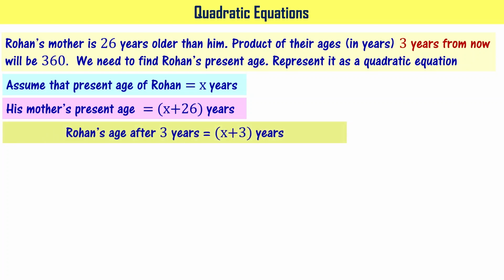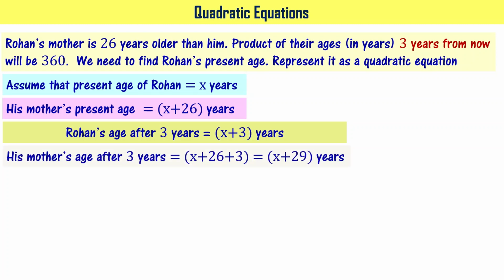Let's see what Rohan's age is after 3 years. That is x plus 3 years, right? And his mother's age after 3 years will be x plus 26 plus 3, that is equal to x plus 29 years, right? The statement says that the product of their ages 3 years from now will be 360. It means the product of these two, x plus 3 times x plus 29, is equal to 360.